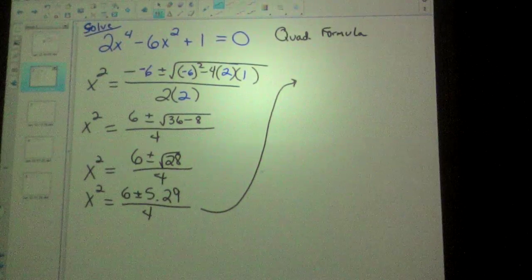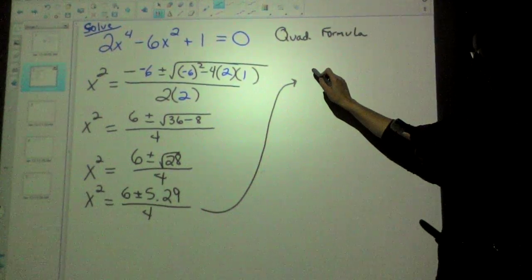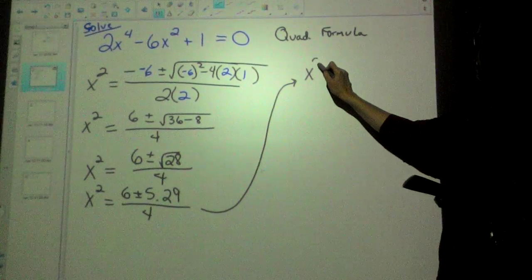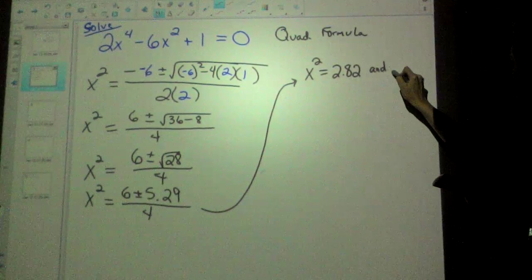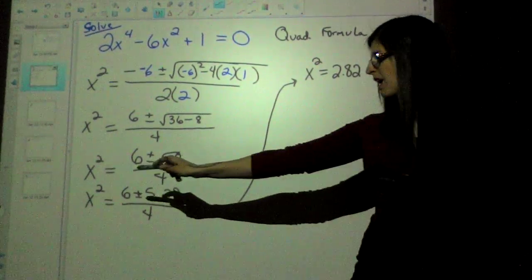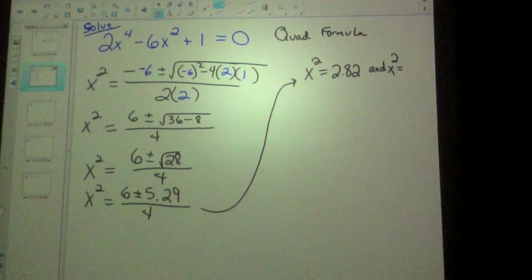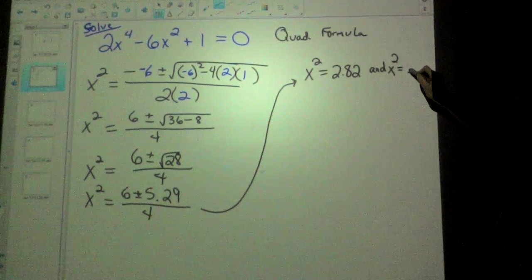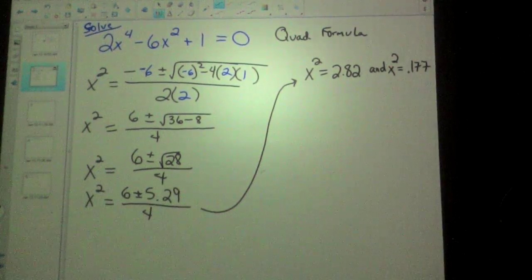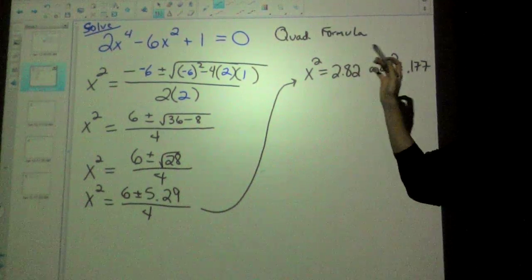Divide that by 4, and I'm going to get 2.82. X squared equals 2.82, and x squared equals, if I subtract 5.29 from 6, I get 0.708, divide that by 4, and I get 0.177. Okay, now I need to solve for x in each of these equations.